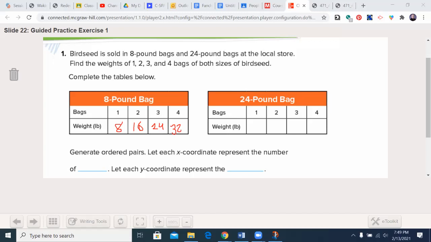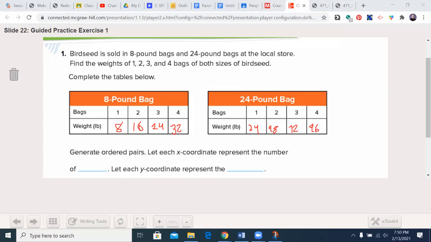For the 24-pound bags, well, it's going to go up quicker. 2 times 24 is 48. 3 times 24 is 72. And 4 times 24 is 96.